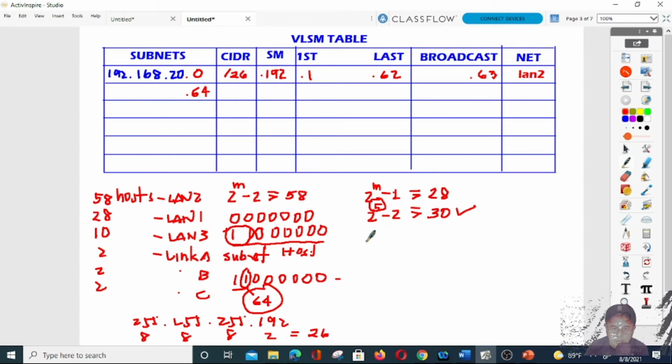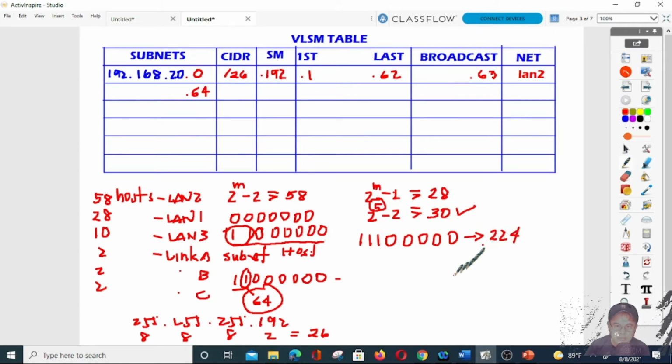Again, from the previous subnet, 5 zeros: 1, 2, 3, 1, 2, 3, 4, 5. We need 5 zeros to satisfy the equation. So this will be our new subnet, which is equivalent to 128 plus 64 plus 32, this is 224.